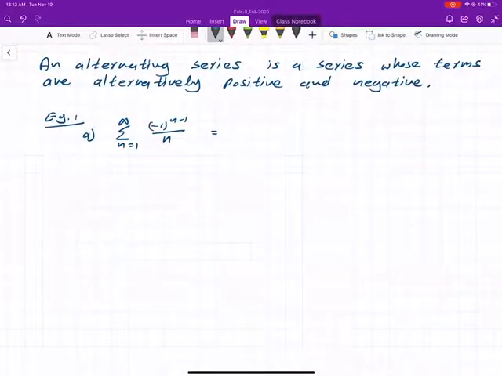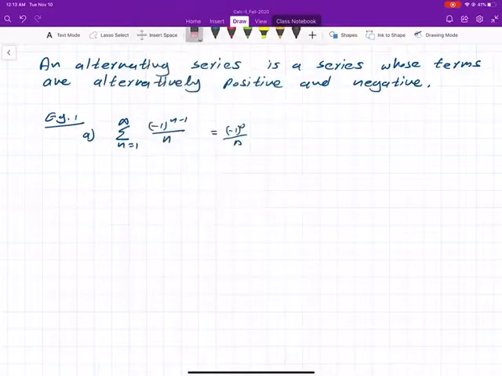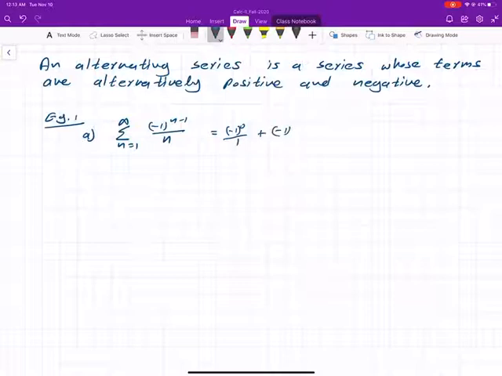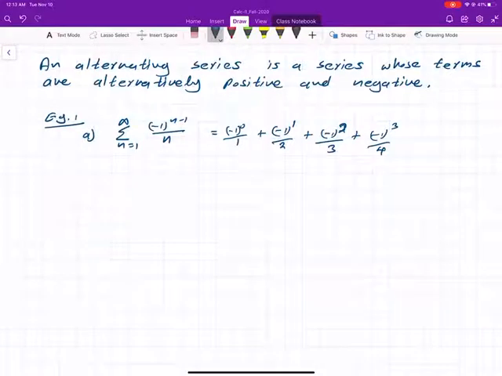First it is negative 1 to the power 0 over n, which is 1, then plus negative 1 to the power 2 minus 1 is 1 over 2, plus negative 1 to the power 2 over 3, plus negative 1 to the power 3 over 4. So these are the first four terms of the series.